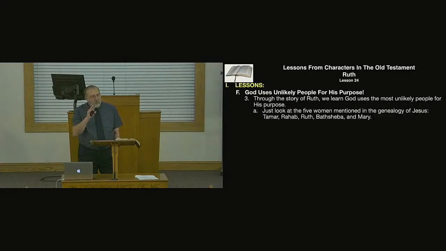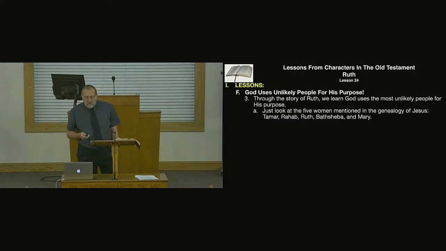Just look at the 5 women that are mentioned in the lineage, the genealogy of Jesus. There's Tamar, Rahab, Ruth, Bathsheba, and Mary. All 5 of them women are specifically named in Matthew's account of the genealogy, in Matthew 1.